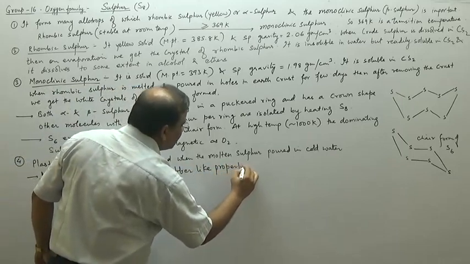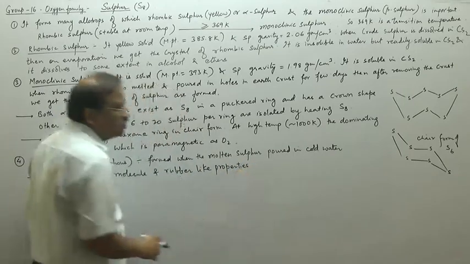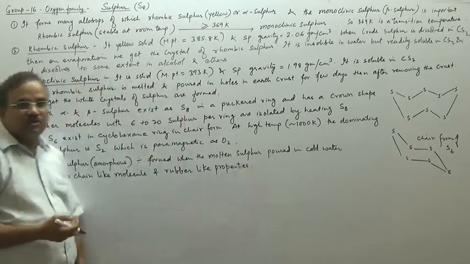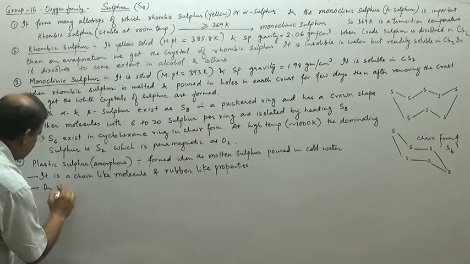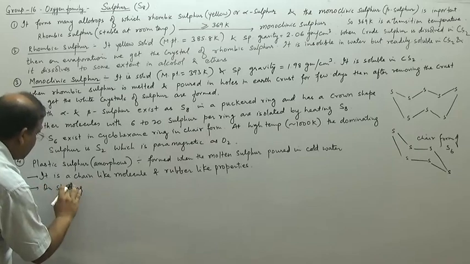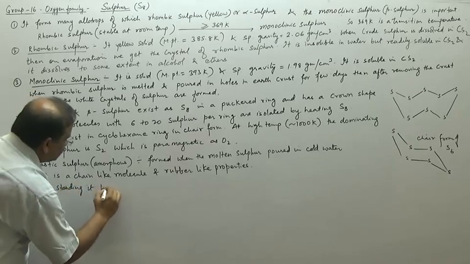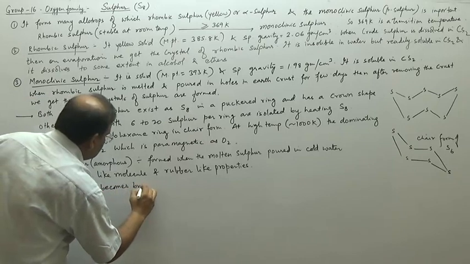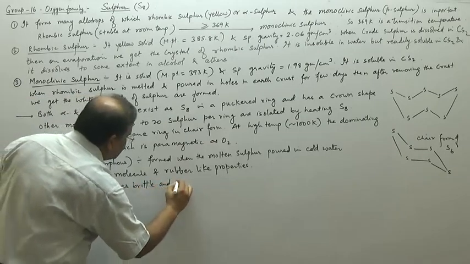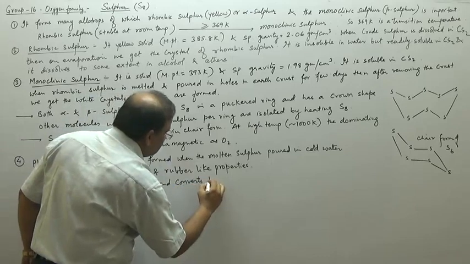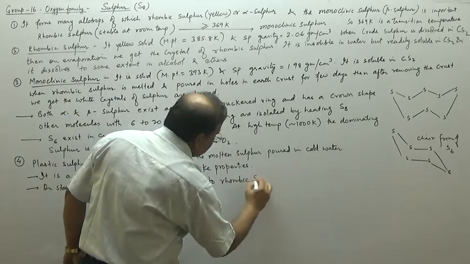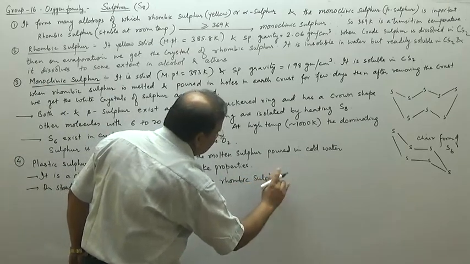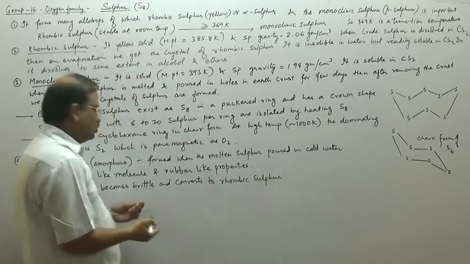But on standing it slowly becomes brittle and converts into the rhombic sulfur. So that is how the plastic sulfur behaves.